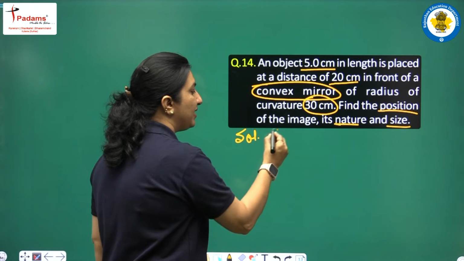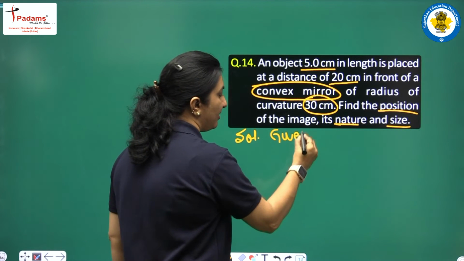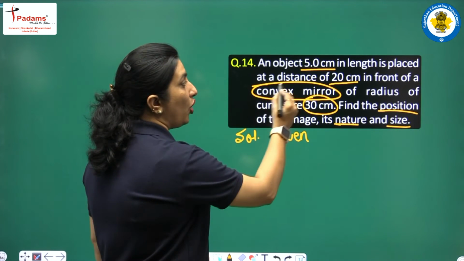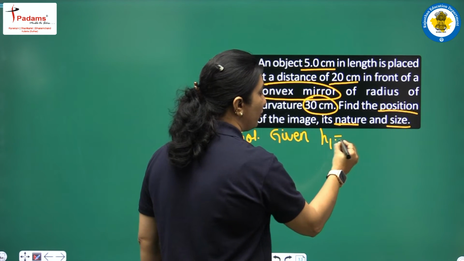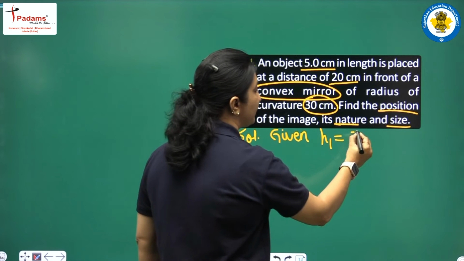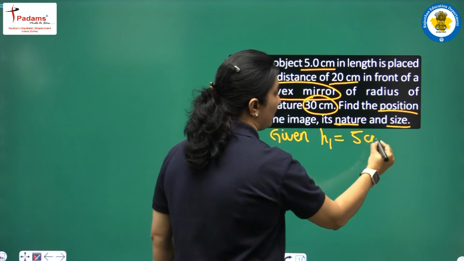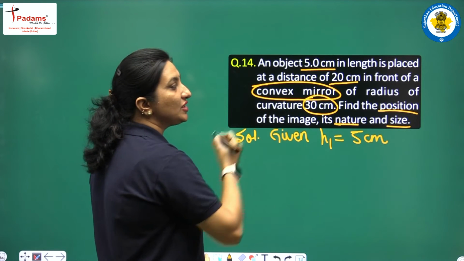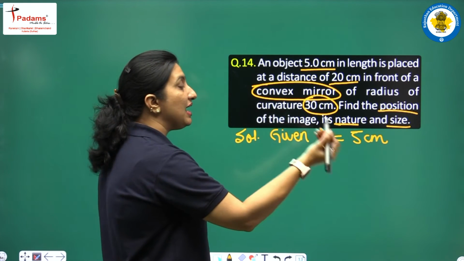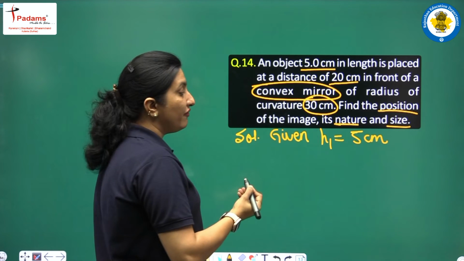So the solution will begin with given: an object 5 centimeter in length, that is the height of the object is given, which is 5 centimeters, is placed at a distance of 20 centimeters in front of a convex mirror.